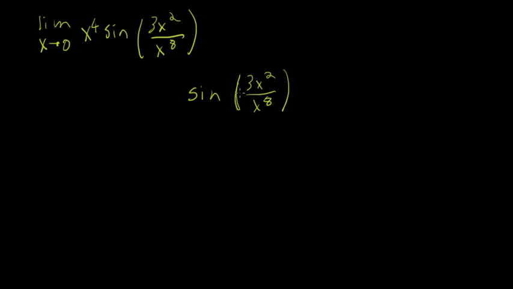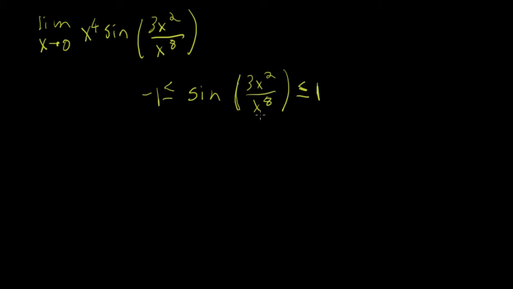And you hopefully realize that no matter what values you input for x, because you're taking sine of this quantity here, sine always, no matter what, ranges between +1 and -1.